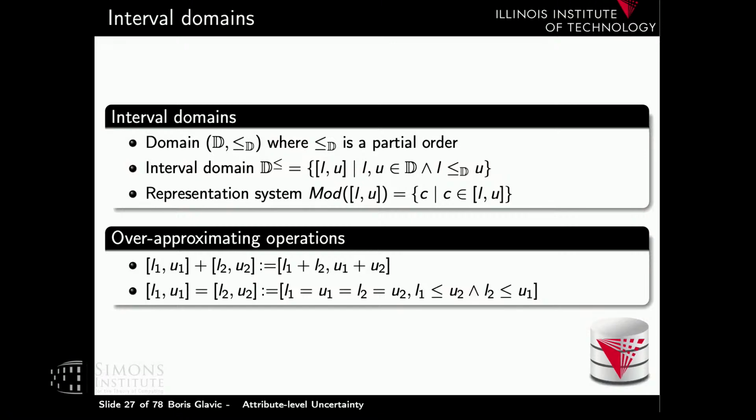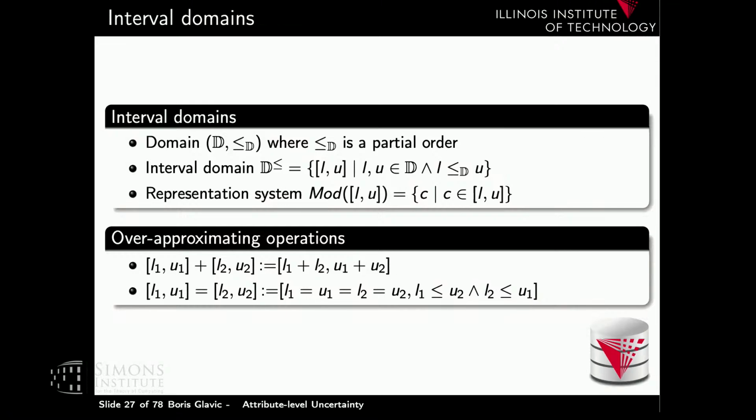And then we want operations to be defined on this domain in an over-approximating way, so that if we start with two intervals, the result, for example, of adding them together should over-approximate all of the possible sums that you could get if you pick a value within the left interval and a value in the right interval. And you can actually prove this.